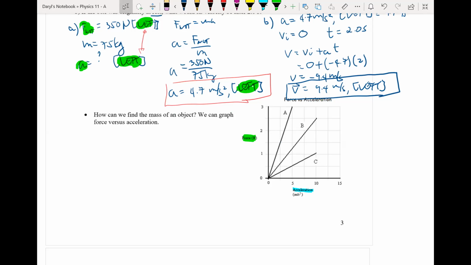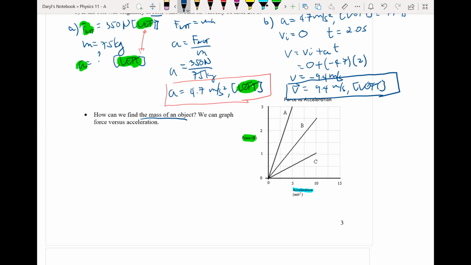So you're given the graph between the force and the acceleration. For different cases here, you have straight lines A, B, and C. So this is force against acceleration. How can we find the mass?